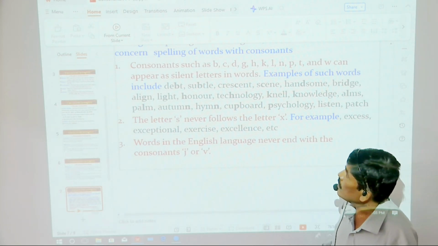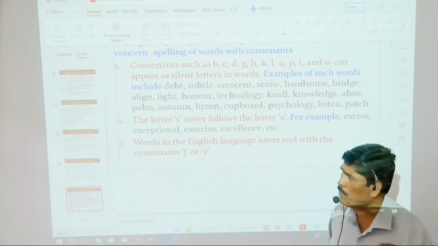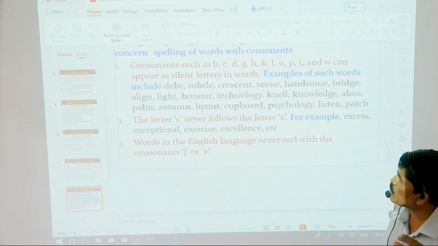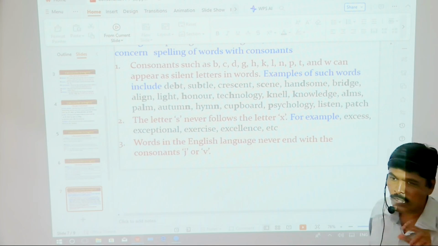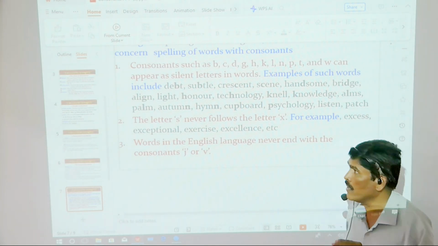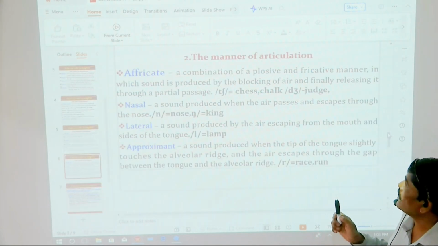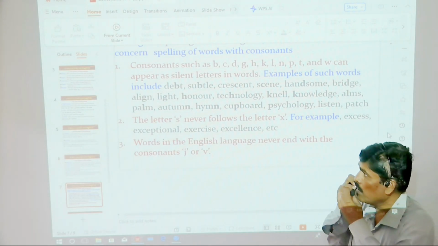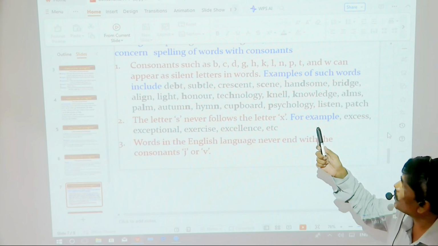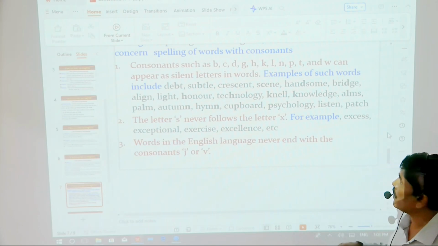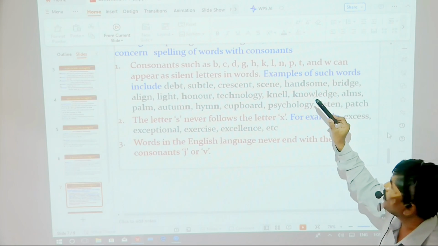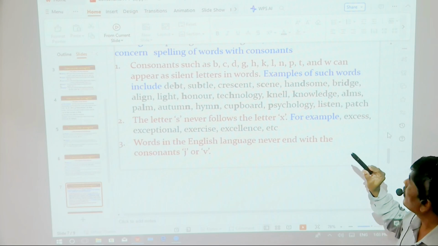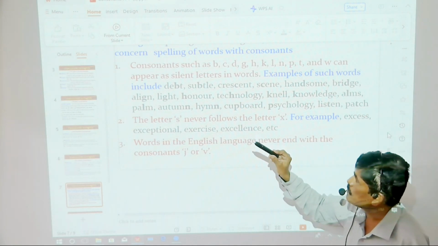So friends, now we have very briefly seen how these consonant sounds are produced, and we have to take care when writing, at the time of spelling. Some consonants are not pronounced.